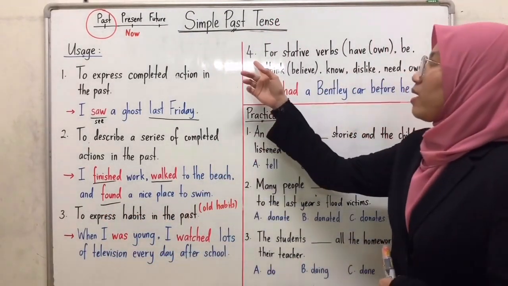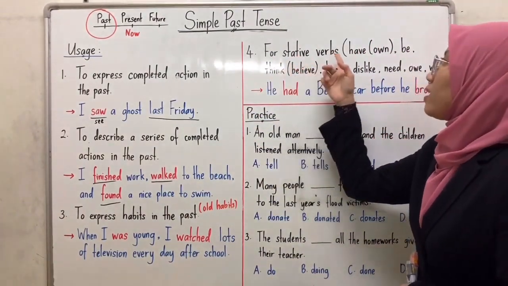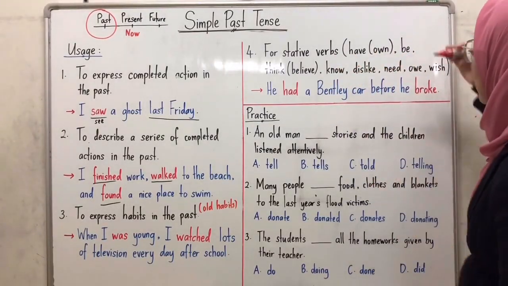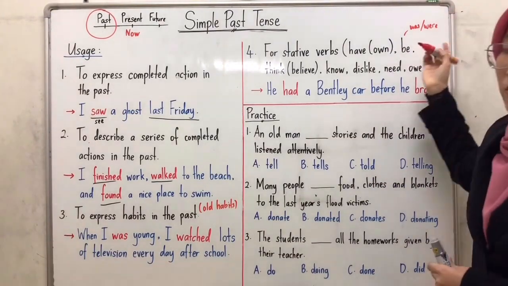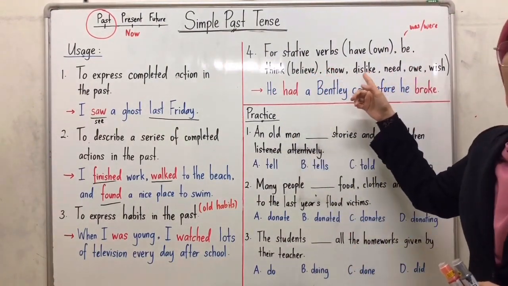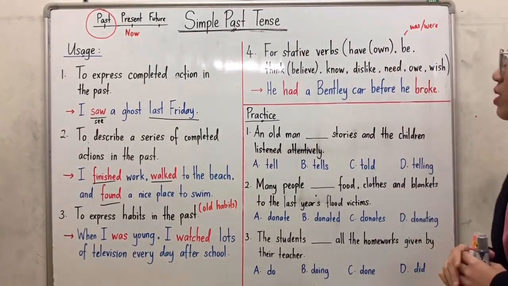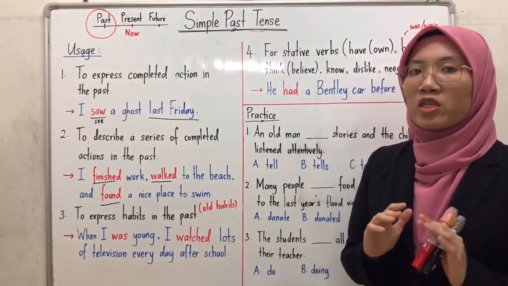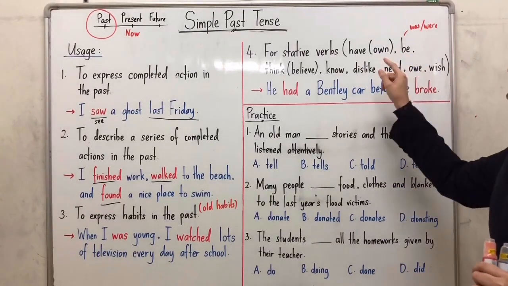And lastly, simple past tense is used for stative verbs like have, or be, so be like was or were in verbs to be, think or believe, know, dislike, need, owe, wish, and etc. These stative verbs are usually not used in continuous form, which means you don't put ing at the end of the verbs.